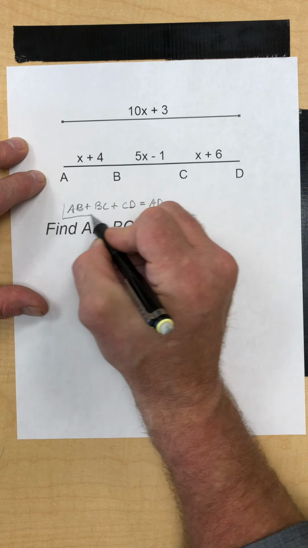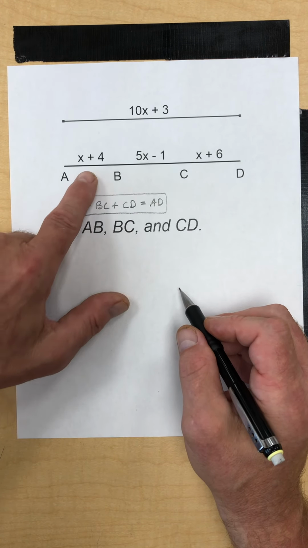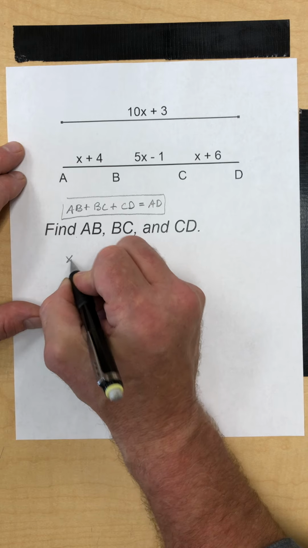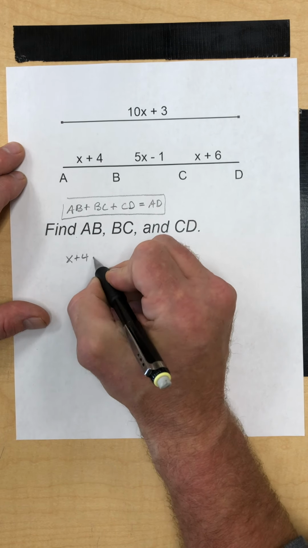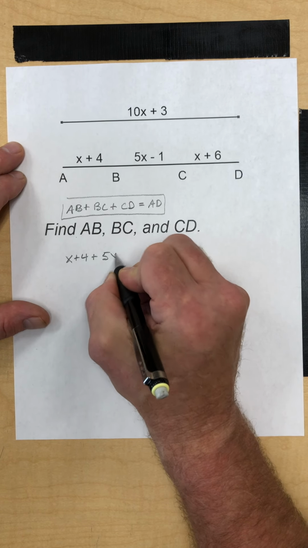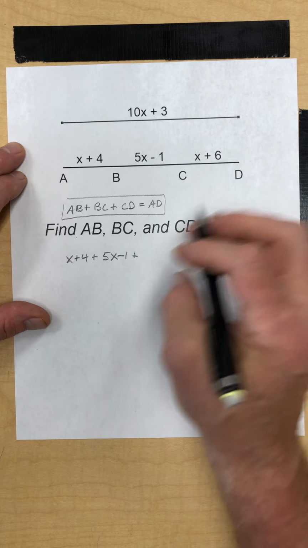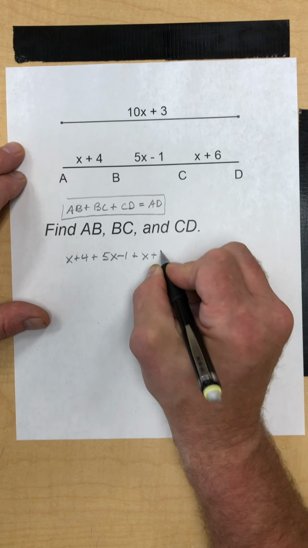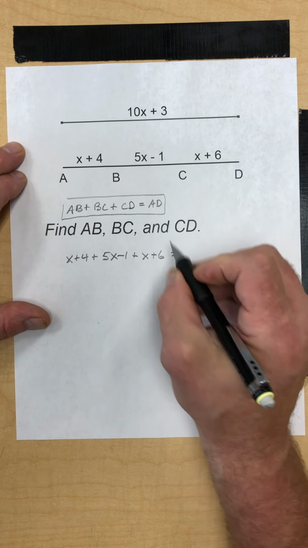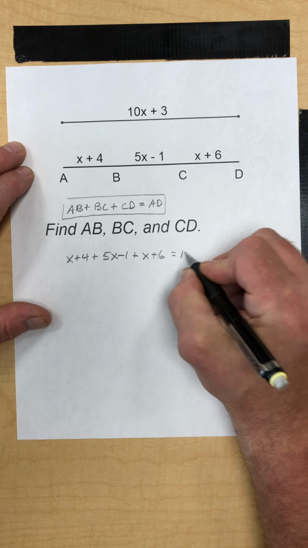Okay, so there's my relationship. It's just a matter of substituting things in. So let's see, AB is x plus 4, plus BC is 5x minus 1, plus CD is x plus 6, equals AD going all the way across, and it tells me that's 10x plus 3.